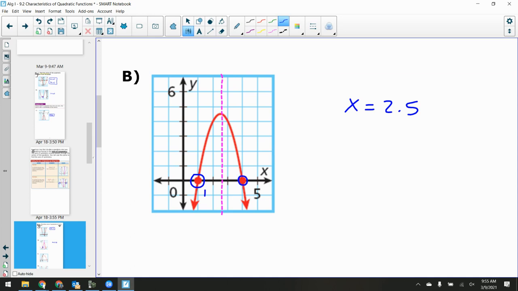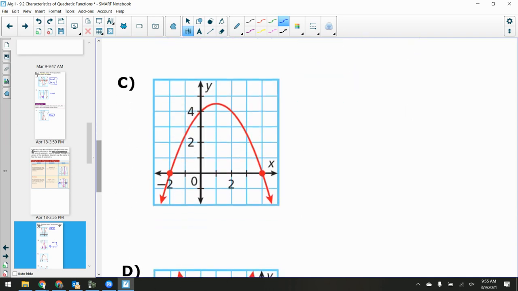Where is this one? 4. What's directly halfway between 1 and 4? 2.5. Basically finding the average between those two. Average of the zeros. That's how we know for sure. Can you kind of ballpark it and eyeball it and see, okay, you got to go right through the center? Yeah. But if you got 2 zeros, then just find the midpoint of the zeros.